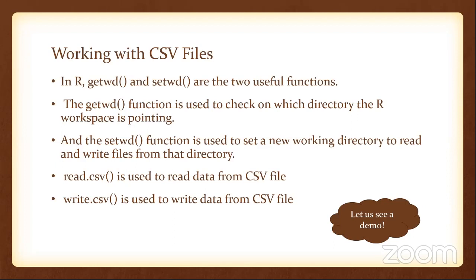We will look at a demo for all these. Once your working directory is set, you can read the content from the CSV file using the read.csv function. If I want to store some data inside my CSV file, I can use the write.csv function. Now let us see how to do these practically in our environment.